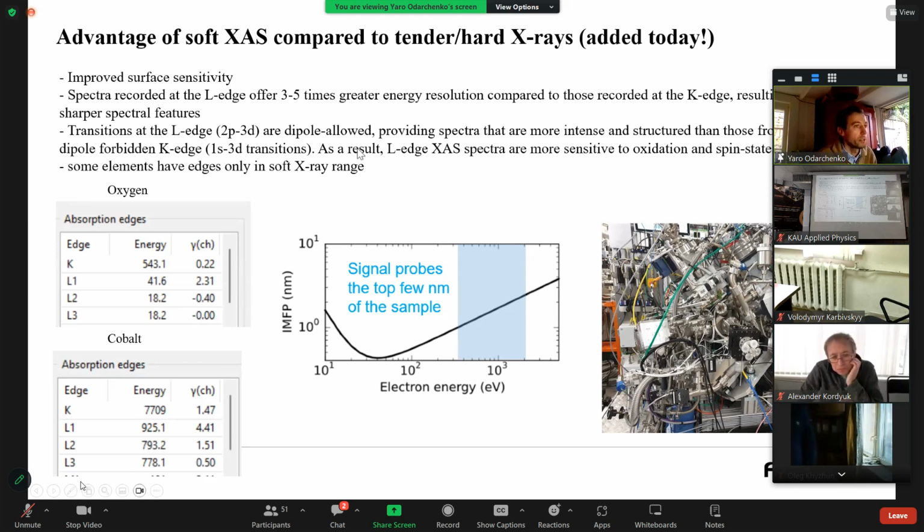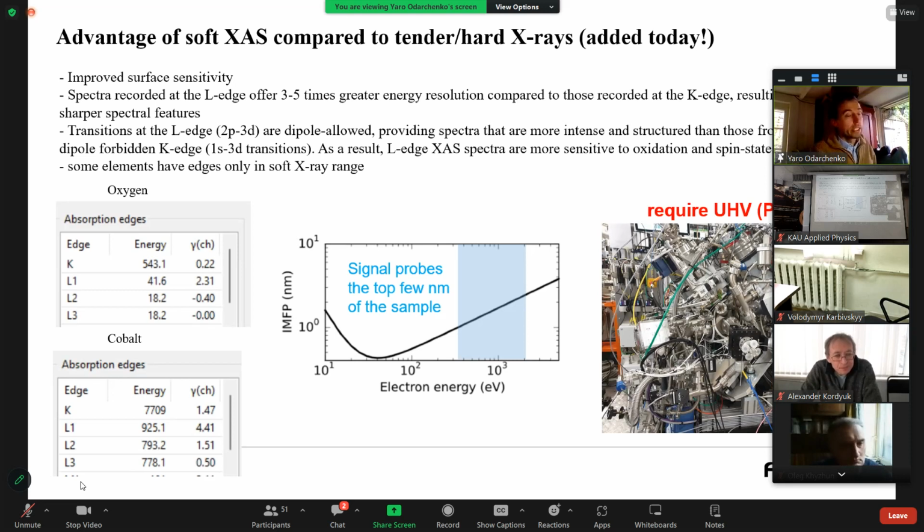Therefore, L-edge is more sensitive to oxidation and spin states, and for some elements, we simply don't have edges except in the soft X-ray range, for example oxygen, whose K-edge would already be at 500 eV.